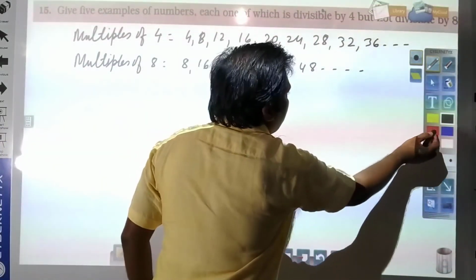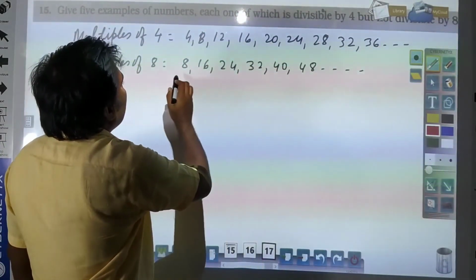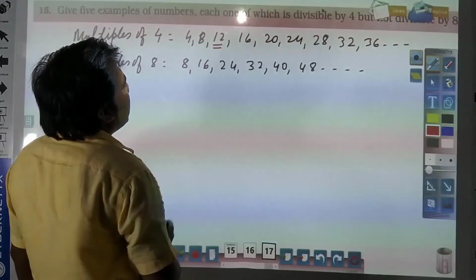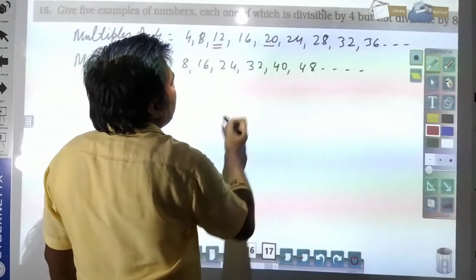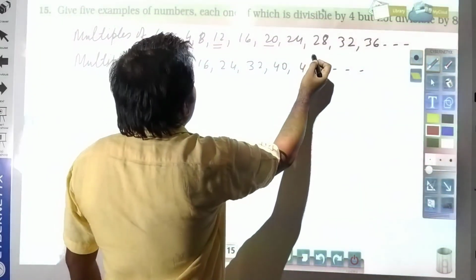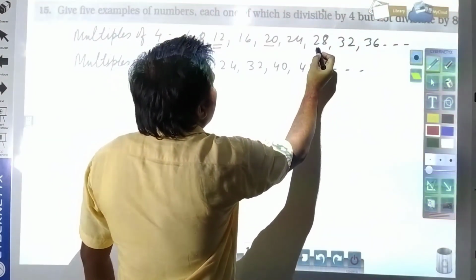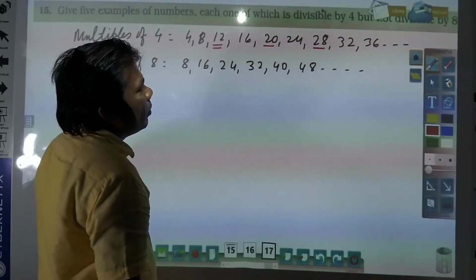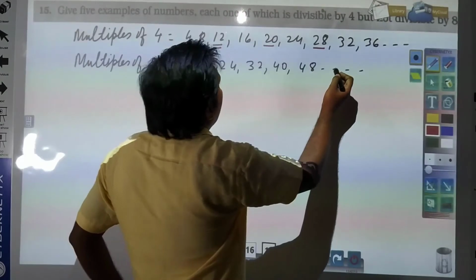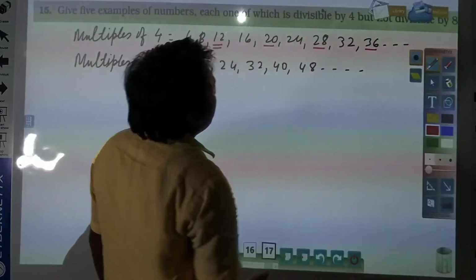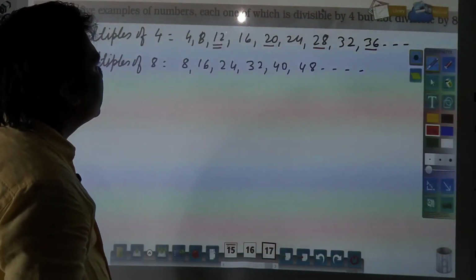So those numbers will be, just you see, 12 is not divisible by 8, 20 is not divisible by 8, then you have 28 is not divisible by 8, and then 36 is not divisible by 8.